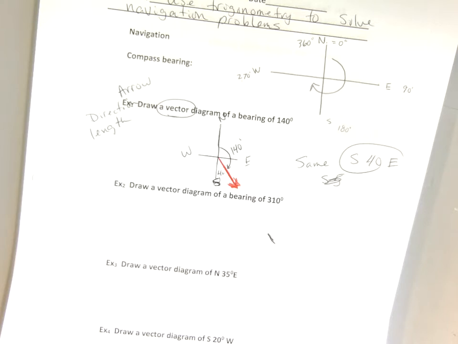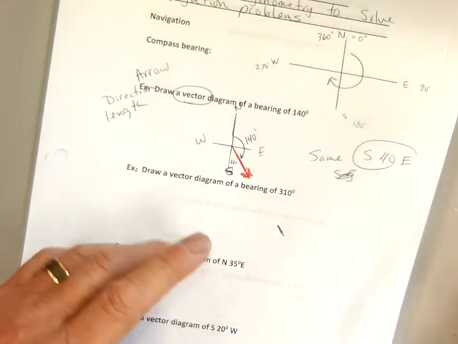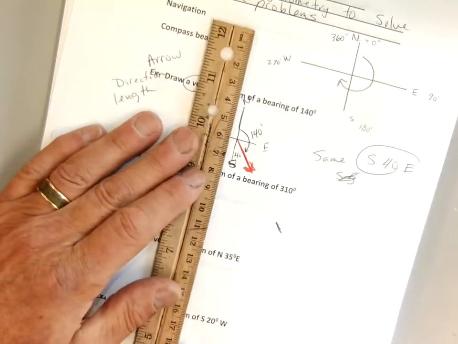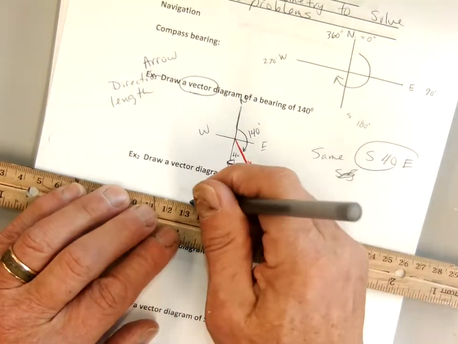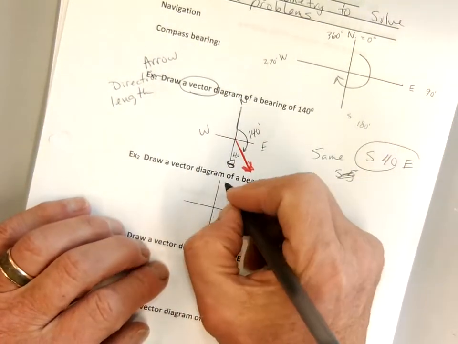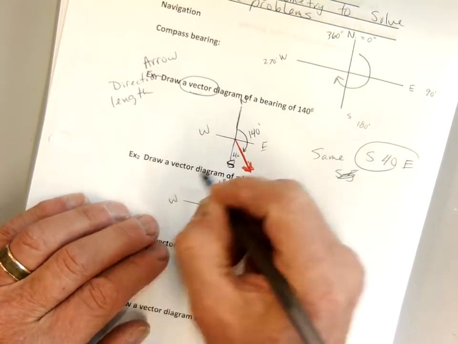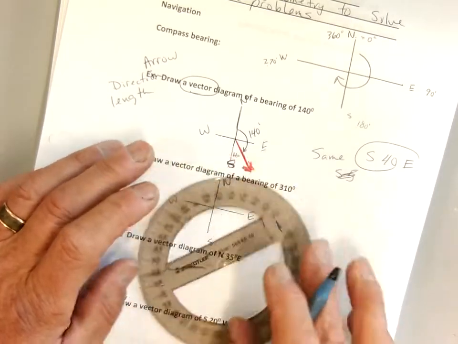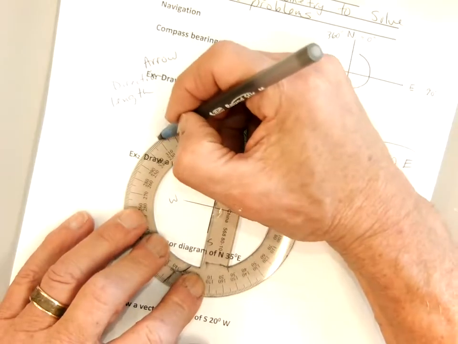Now, okay, draw a vector diagram of bearing of 310. Oh, I can do that. I like to put my compass rose down. That always helps me. It's what it's called, the compass rose. So I just like to do the north, east, south, west, and a bearing of 310 degrees is about there.